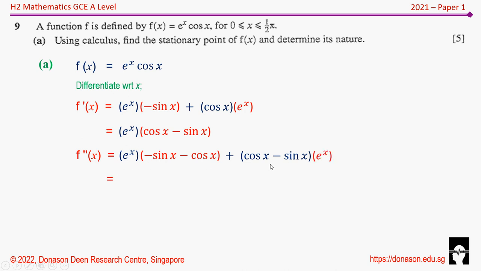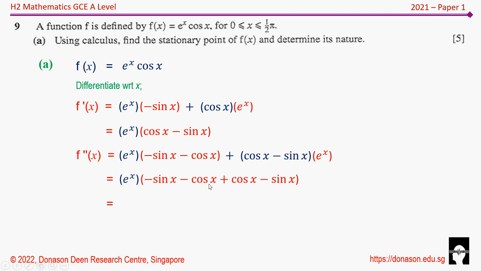Once again we can see e to the power of x is a common factor, so let us pull that out. We have e to the power of x, and everything else, all the trigonometric functions, we put into the second bracket. So we will have minus sine x and minus cos x. From the second bracket we have the plus cos x and then a minus sine x. What do you notice about this?